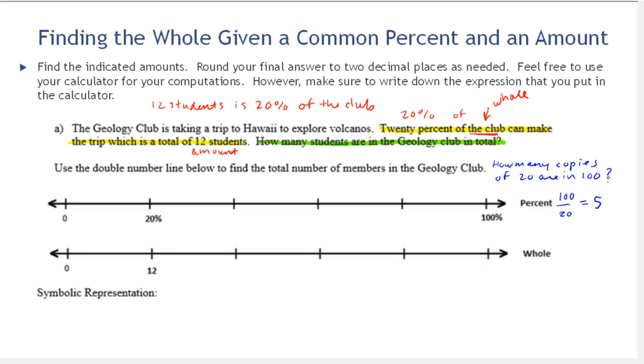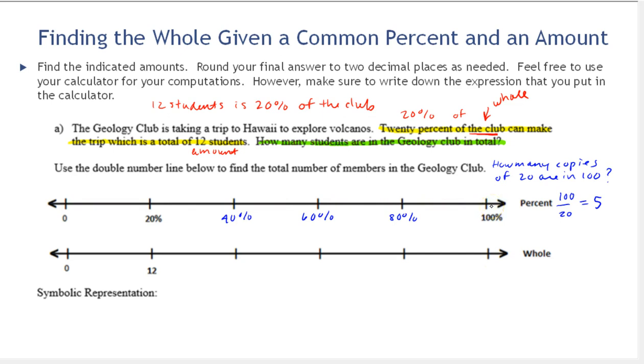So the idea here is this is 20%. If I keep adding on 20% to 100%, there's 1, 2, 3, 4, 5 copies of this amount in the total 100%.